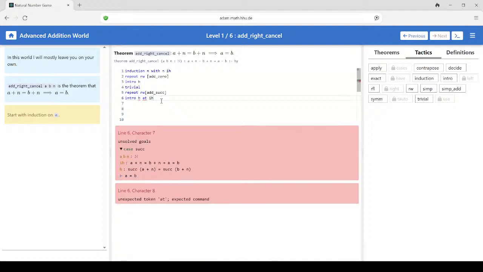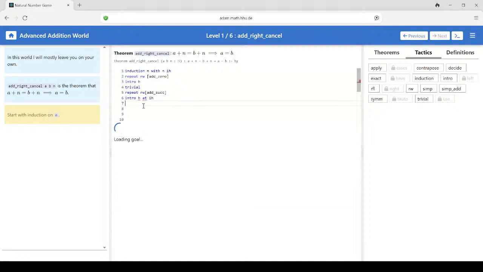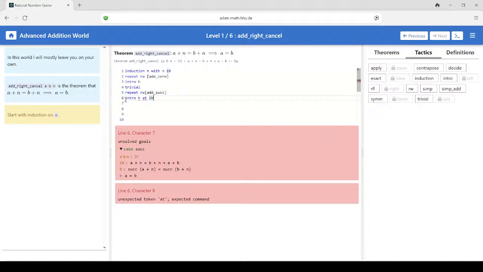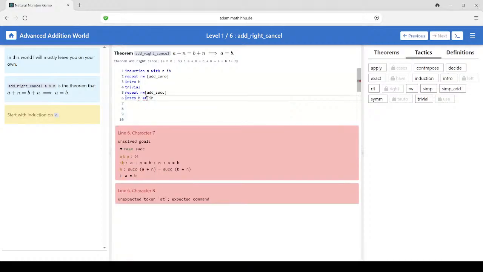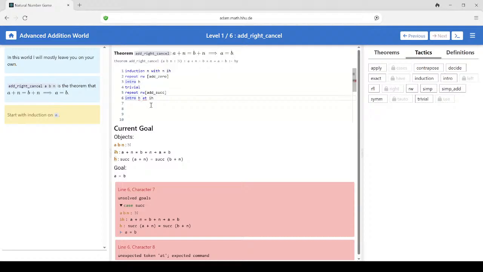No, it didn't. What's happening? I'm not... Maybe I can't use H again?